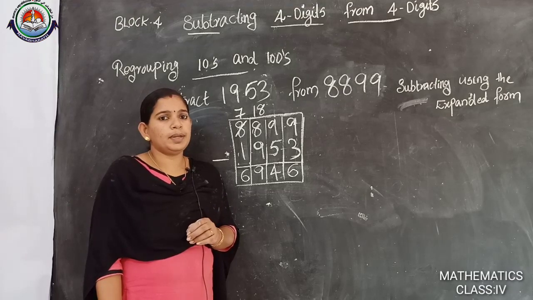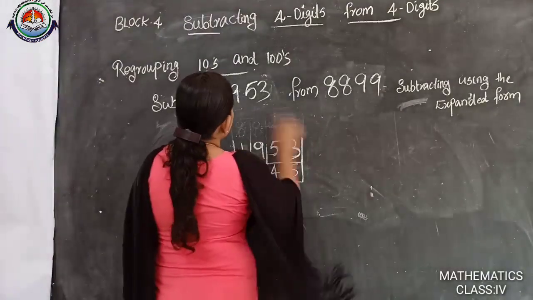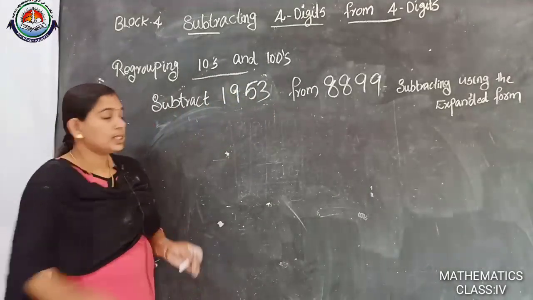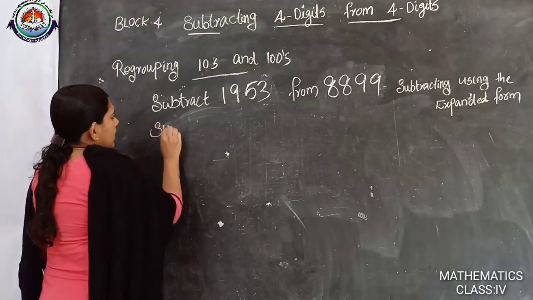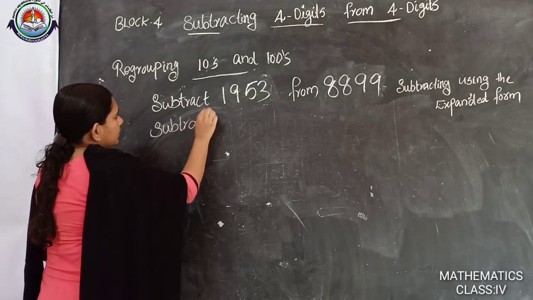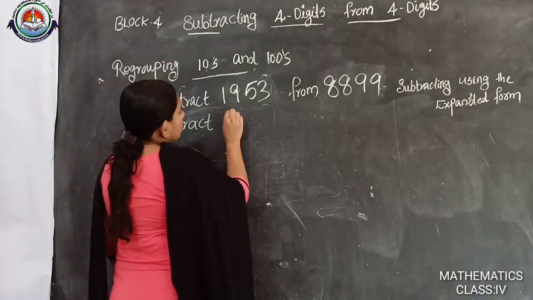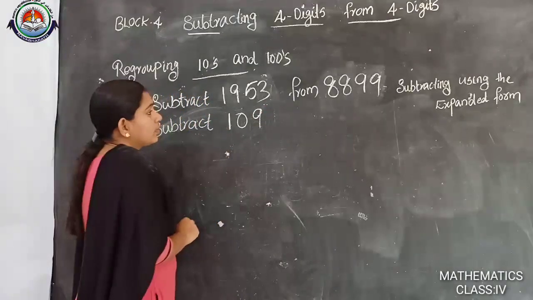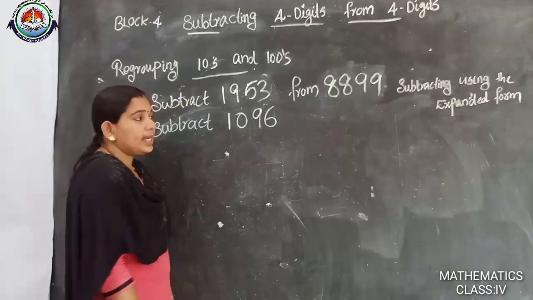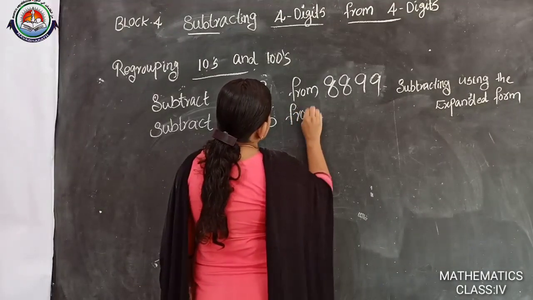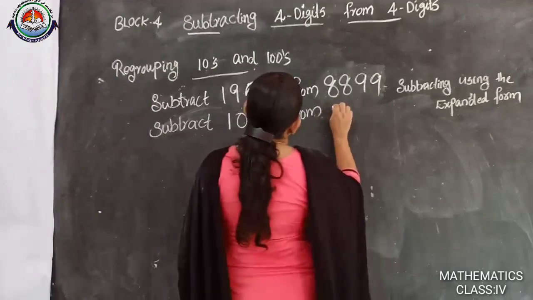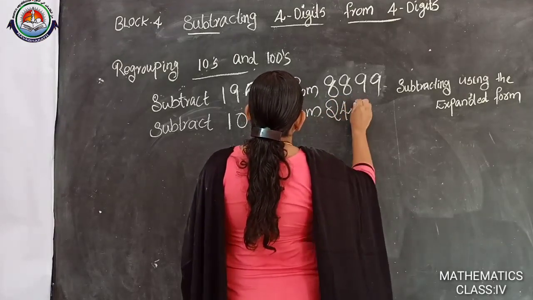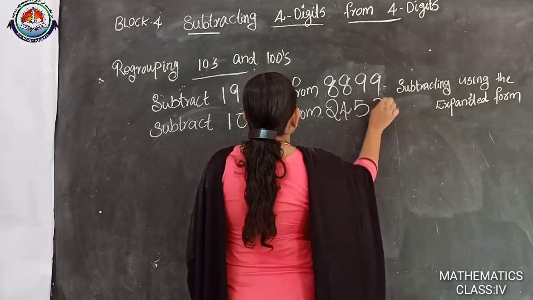Okay, we'll do another problem. Subtract 1,096 from 2,453.